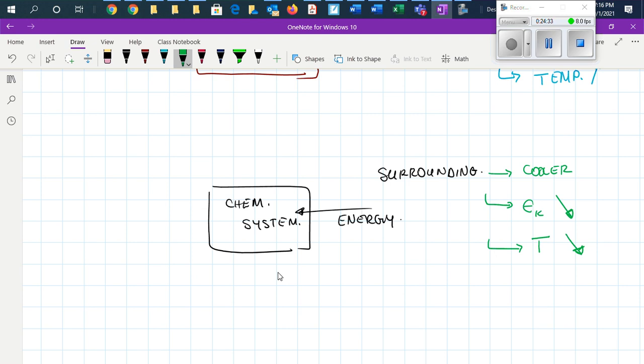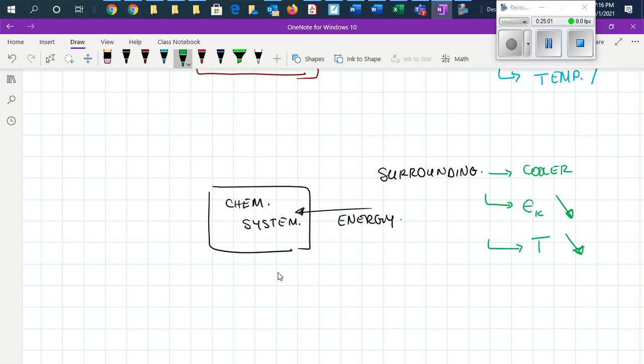So if the system is releasing energy to the surrounding, to the environment, or it's going on the product side, then what the system is doing is exiting the energy. So the chemical system is exiting the energy, making it an exothermic reaction.